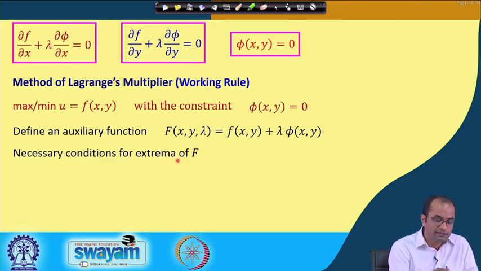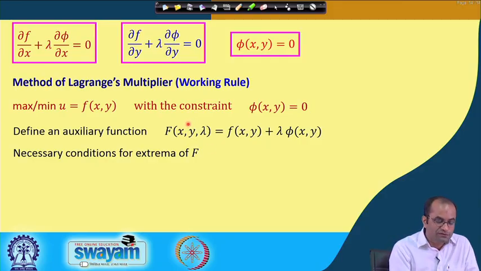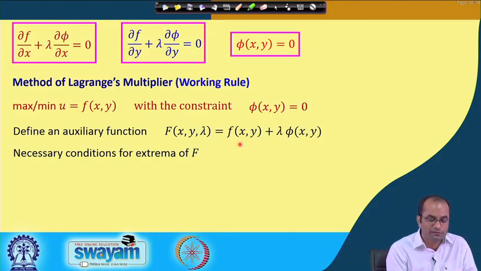By doing this we will precisely get those equations which we have derived, that at the point of extrema these equations must be satisfied. When we take the derivative with respect to x here, we will get the partial derivative of f with respect to x, plus lambda times the partial derivative of phi with respect to x.